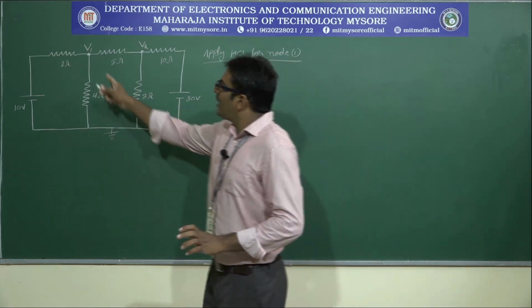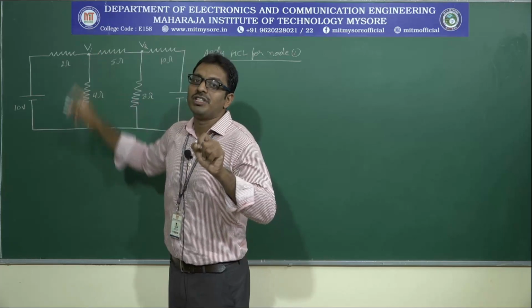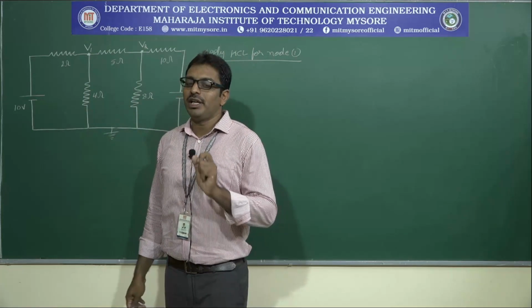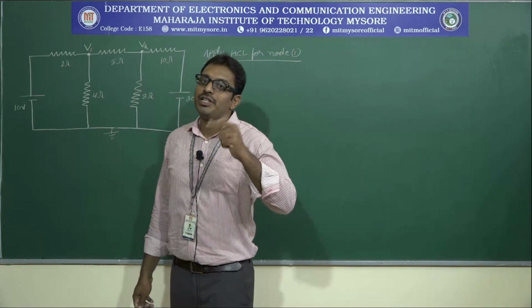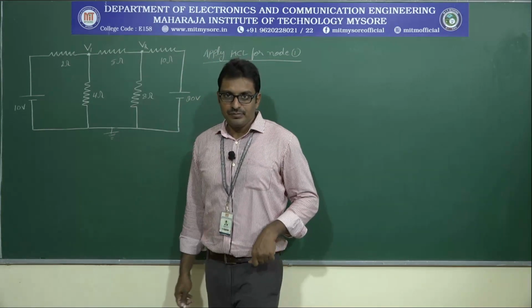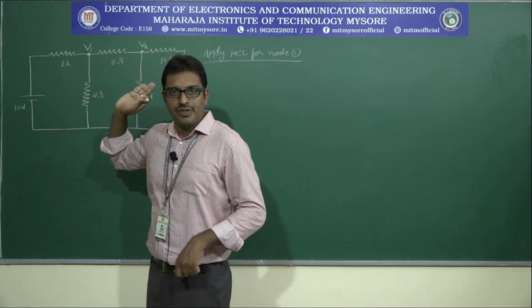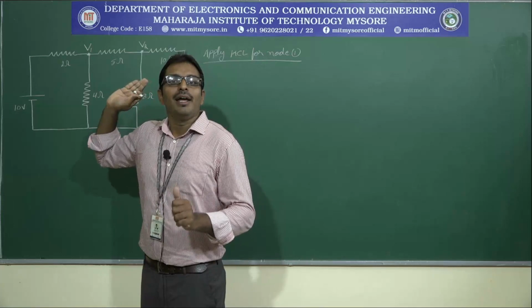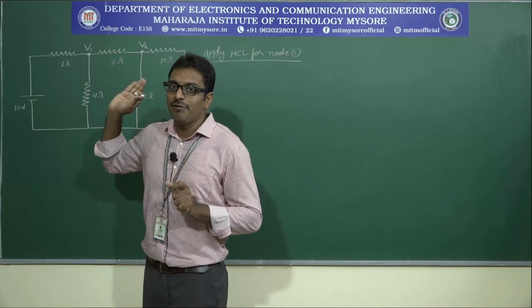According to the statement, the algebraic sum of the current at a node point is equal to 0, right? When you are applying KCL for any node, just assume that it is a higher potential node. Higher potential node in the sense that current always flows from higher potential to lower potential. First, let me find the current in this branch. By Ohm's law, I is equal to V by R. V is nothing but the potential difference.